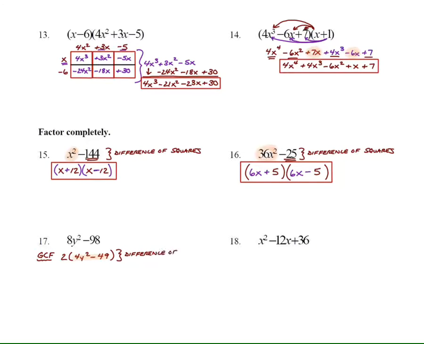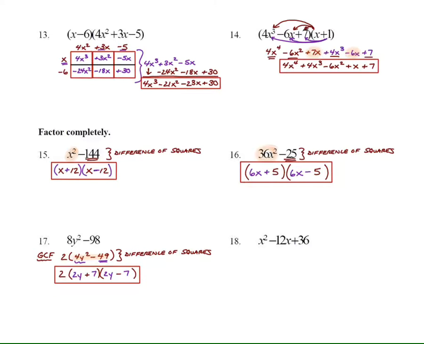So thinking about factoring that, in my full factorization, you'll notice the direction said factor completely. That means make sure everything is as factored as possible. I should still have that 2 out there, and then I would build my two binomials from that difference of two squares. So 4y squared would be 2y and 2y, and 49 would be 7 and 7, and one should have a plus and one should have a minus.